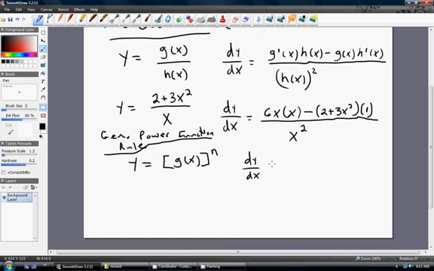The derivative of this will look like the following. We need to subtract 1, like the regular power function rule, from the exponent up here.